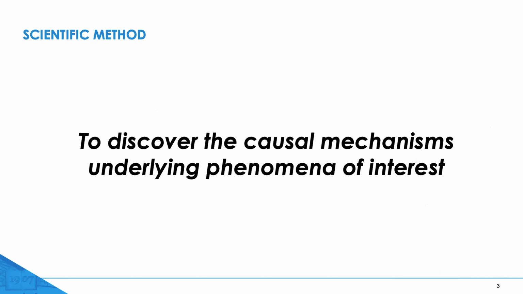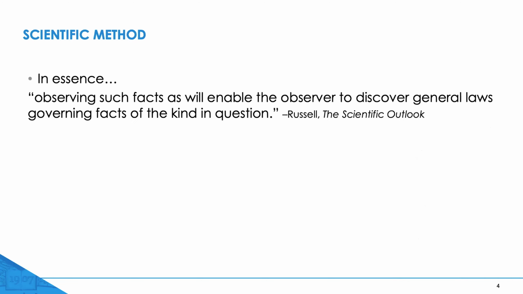Let's start with the ultimate goal of the scientific method. That is to discover the causal mechanisms underlying phenomena of interest. And in its essence, it is about observing facts that help us to uncover the general laws governing the facts of a similar kind.